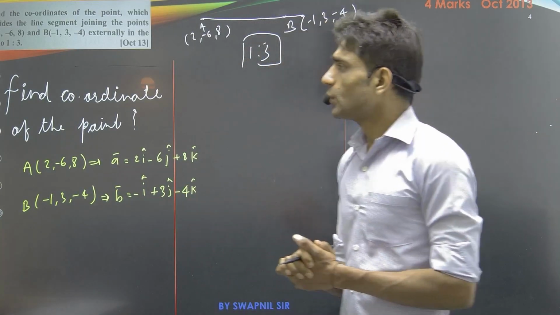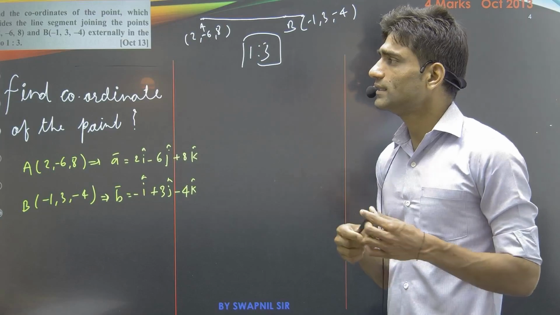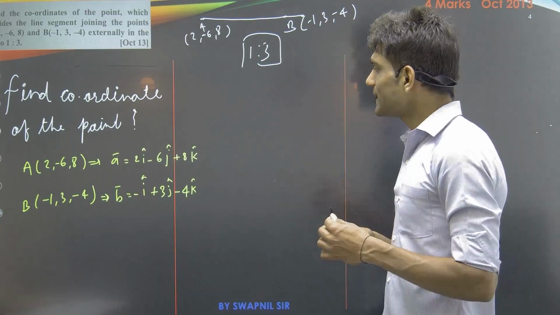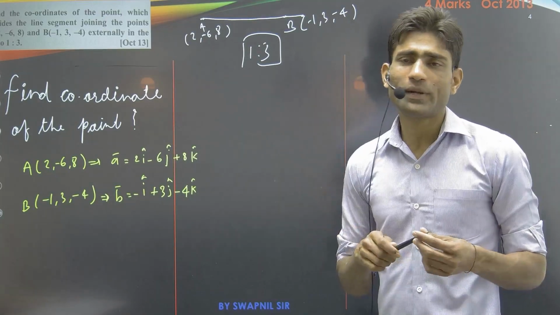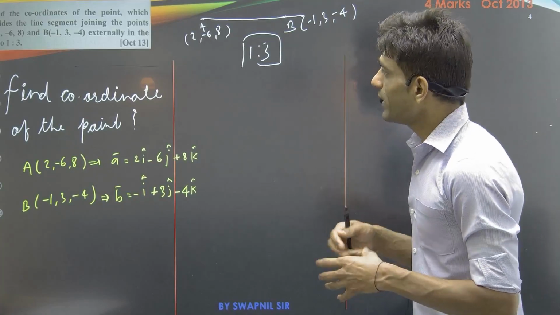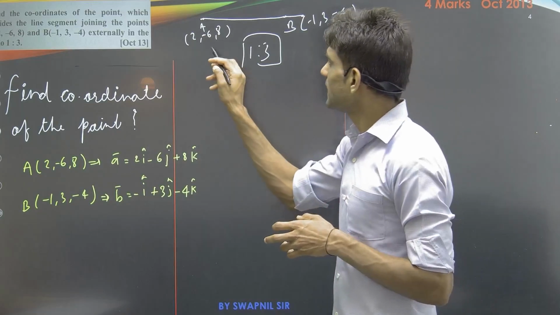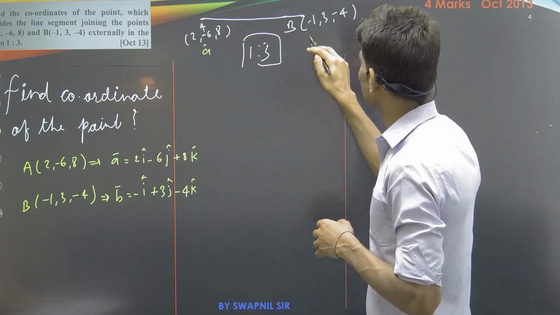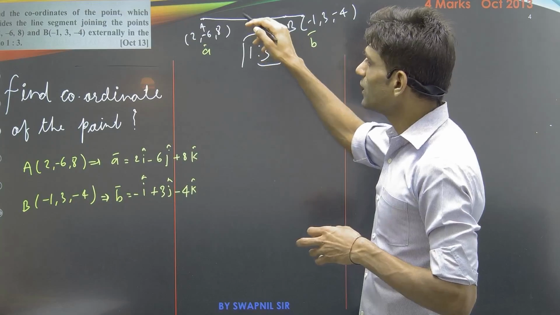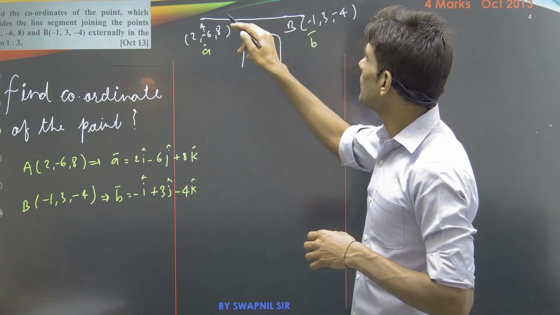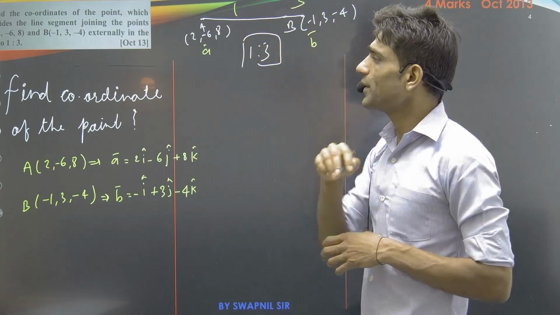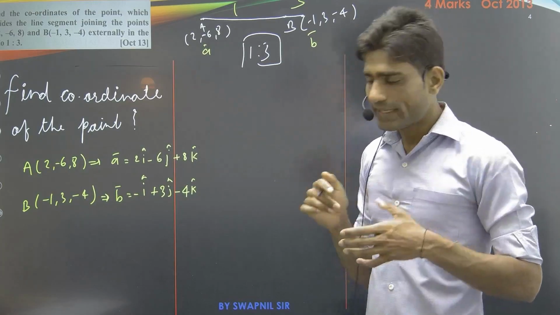So we have vertices A and B with position vectors A bar and B bar, and we have the ratio m:n, here 1:3. Now apply the external division formula.